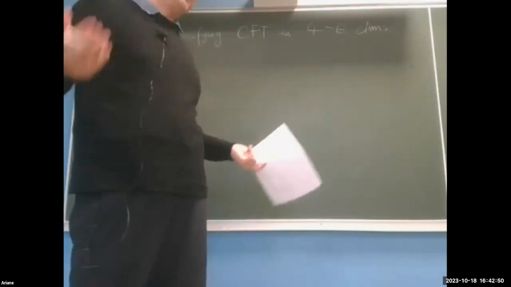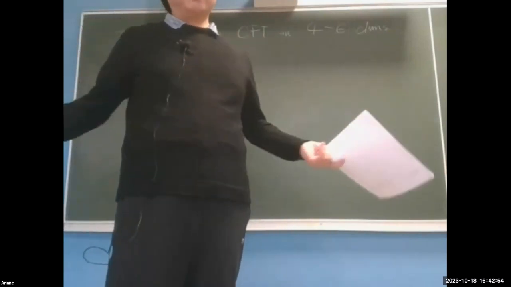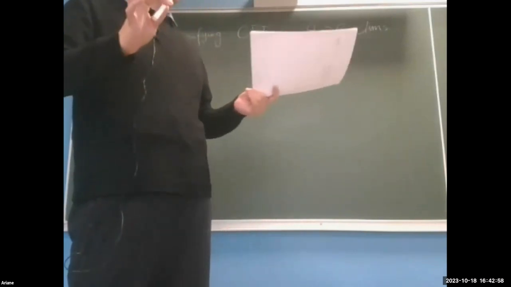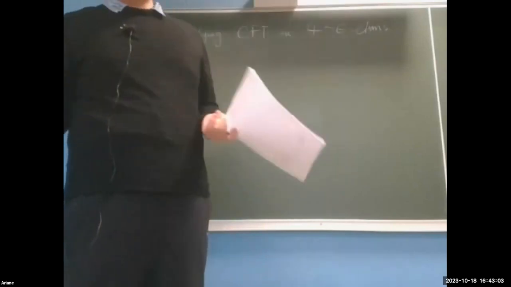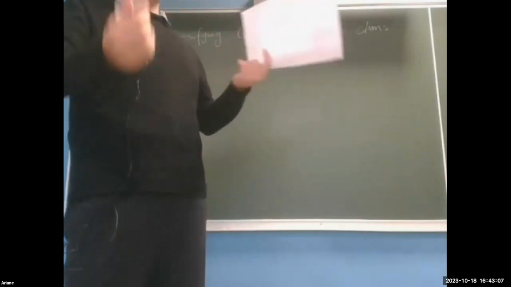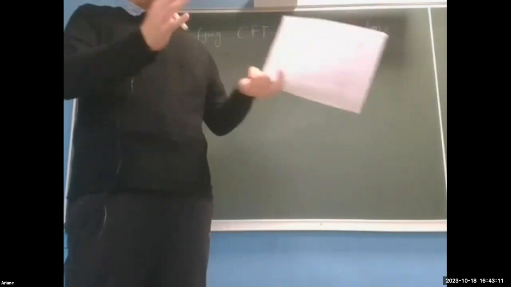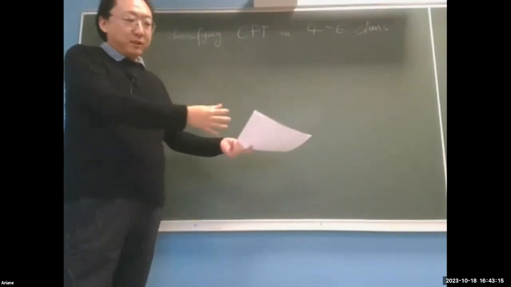For example, one corner is in two dimensions. You can work with more mass structure, the representation theory of the Virasoro algebra, and then you do some bootstrap-like approach. You will be classifying a special type of CFTs in 2D. That's one corner.